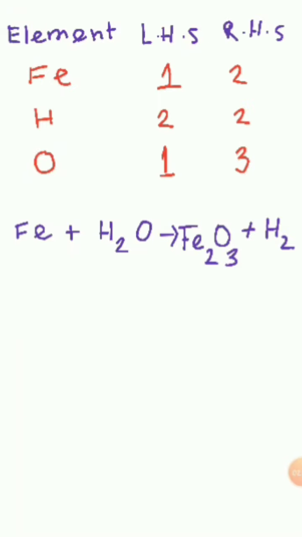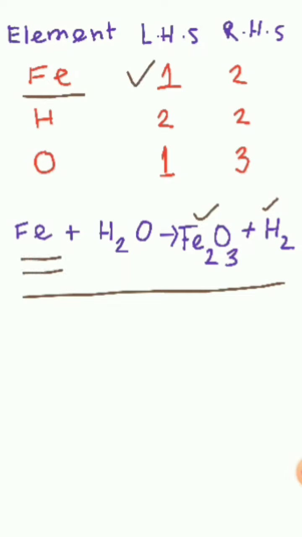Let's check with an example. We take Fe plus H2O gives Fe2O3 plus H2, right? Now we count the number of atoms, and here we get Fe is 1 on the left hand side, hydrogen is 2 on the left hand side, and oxygen is 1 on the left hand side, right?